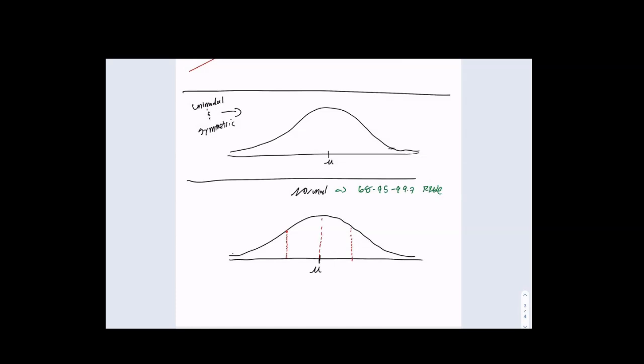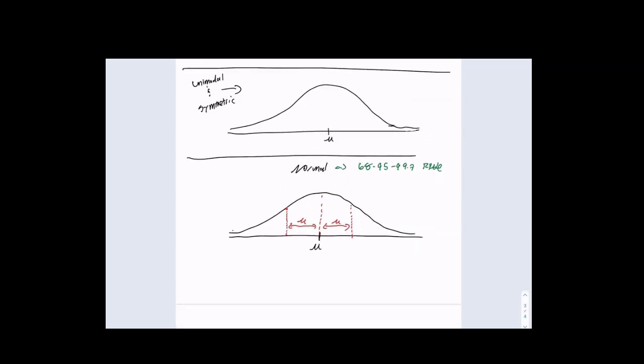So the distance between here and here is a standard deviation. That's how we measure on our graph of a normal model, or of a unimodal symmetric distribution. Okay, it's one standard deviation.